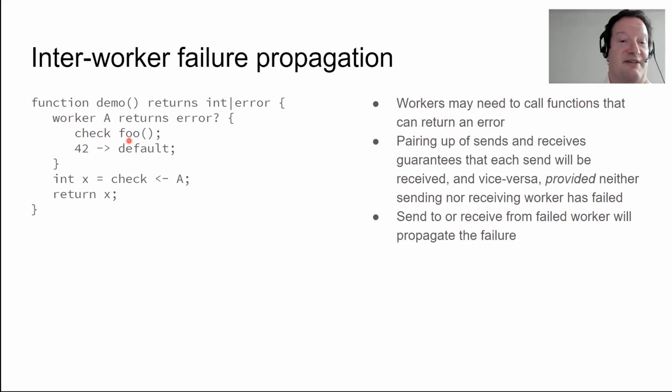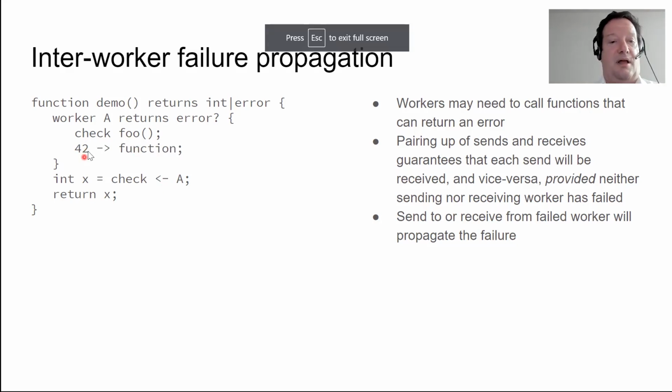So what happens if there is a check fail? Suppose this here is paired up with this here. But what happens if this check returns an error? This won't ever get executed.